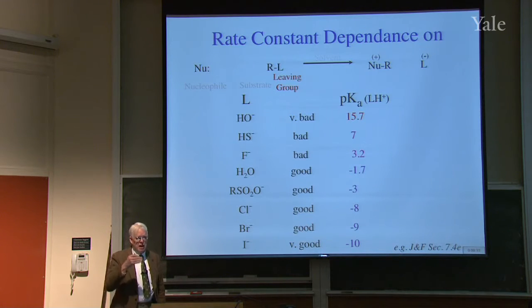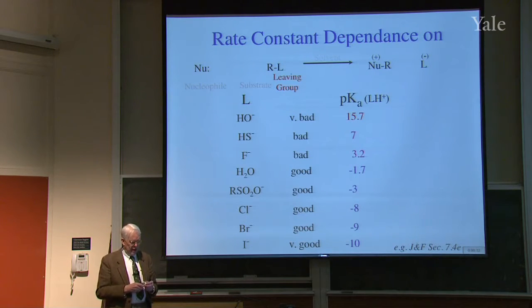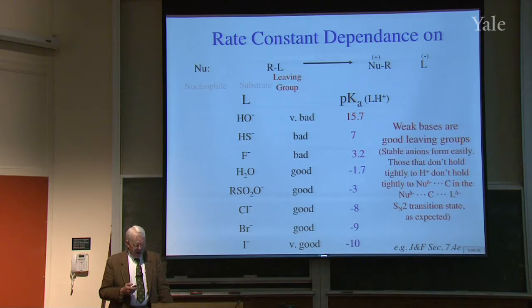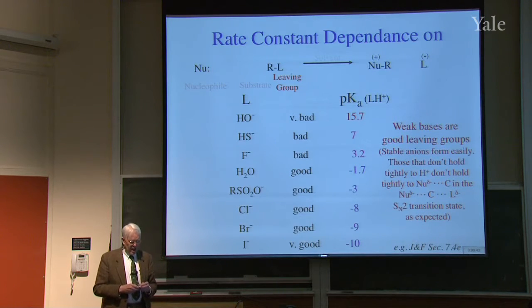And there's a strict parallel between how good a leaving group is and how acidic it is, what its pKa is. So weak bases are good leaving groups. That is, stable anions form easily, or those that don't hold tightly to H+ don't hold tightly to the carbon in the transition state of the SN2 reaction. So that makes perfect sense.